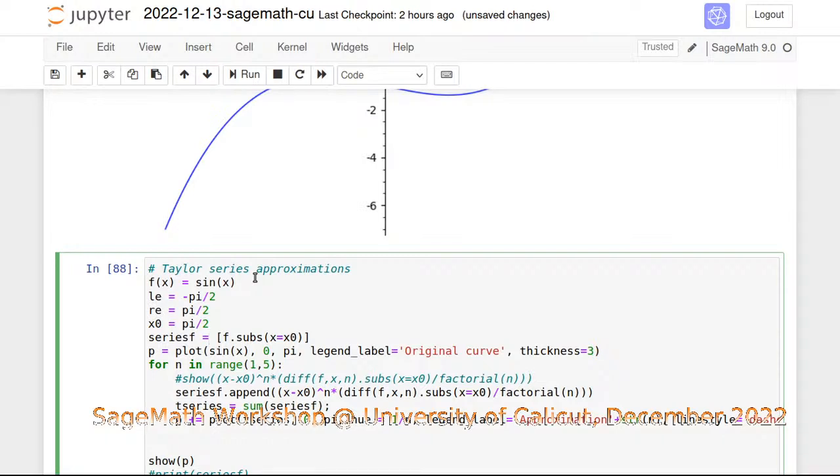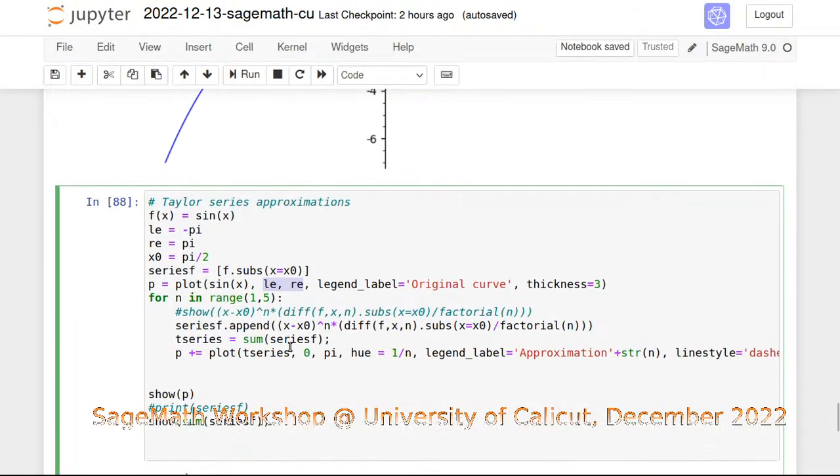And let's try to plot it in that interval instead of plotting it around 0 to pi, where at pi by 2 we have evaluated. Let us try to plot it around minus pi to pi, to see whether the approximation is accurate around the other points as well or not.